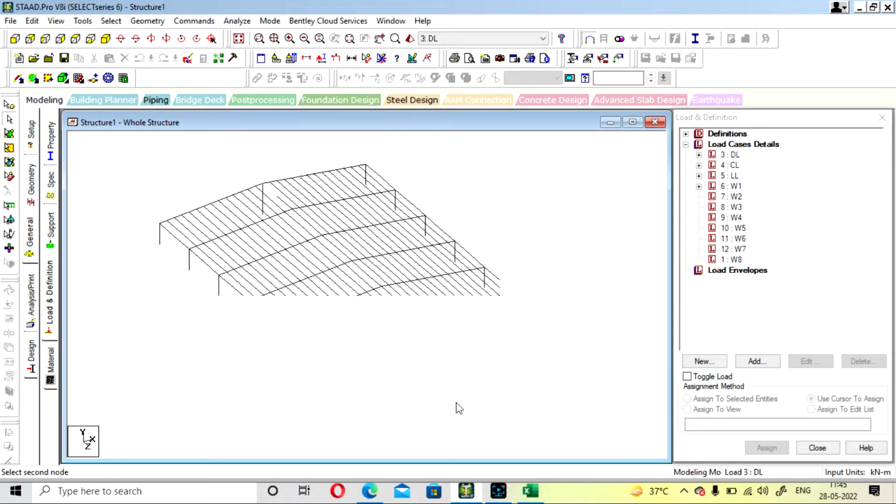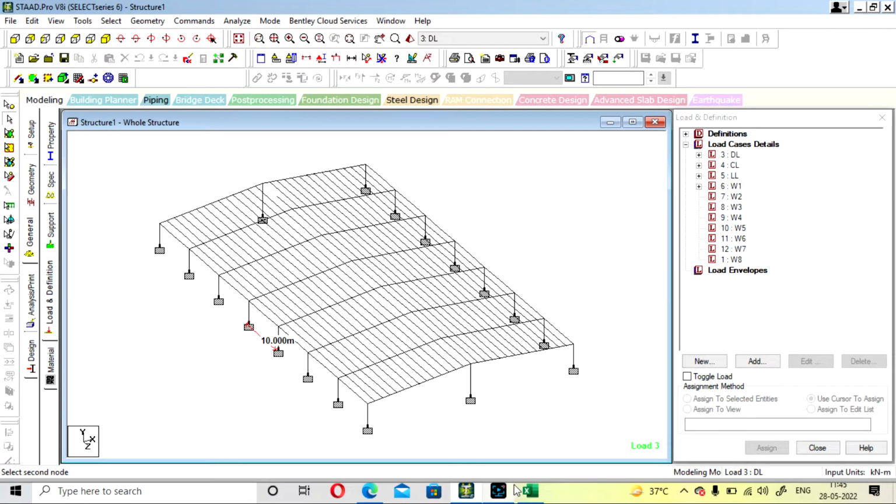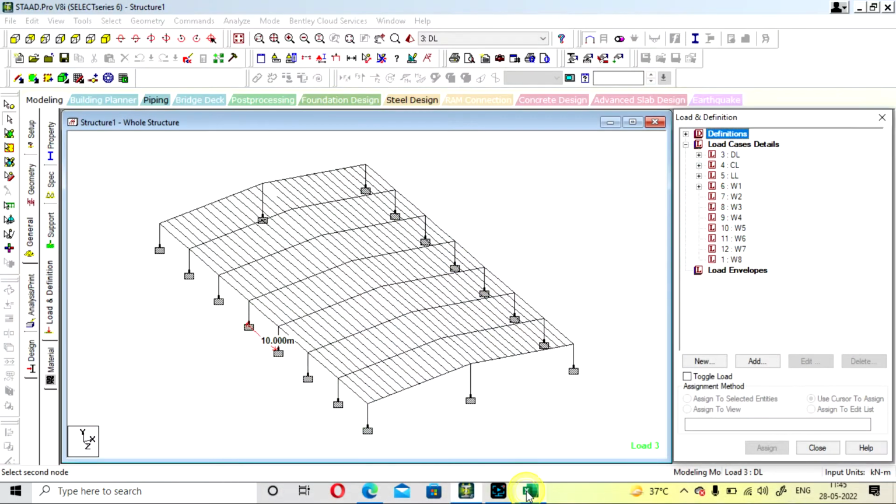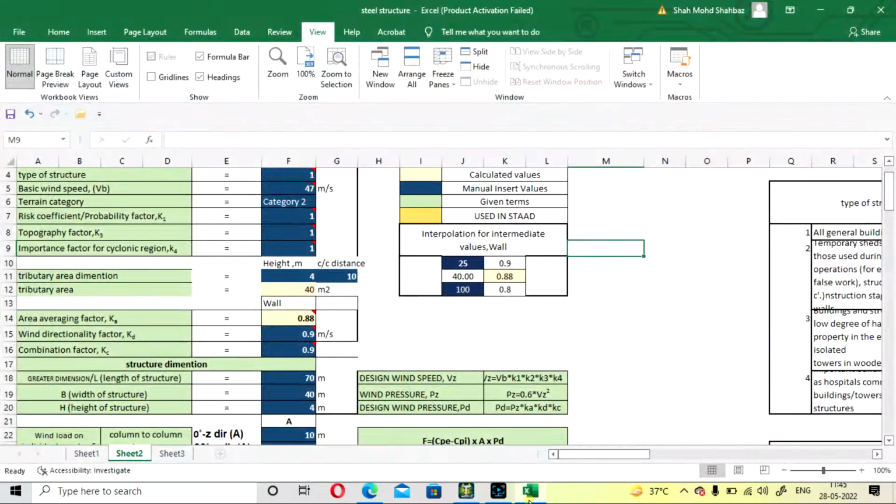Okay, so I suggest you provide the column to column distance in all directions at equal spacing, so that it will be easier for you to calculate the wind. Otherwise you have to calculate the tributary area values differently for different locations or directions.